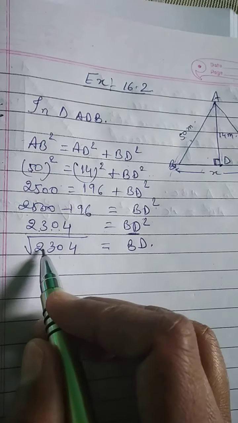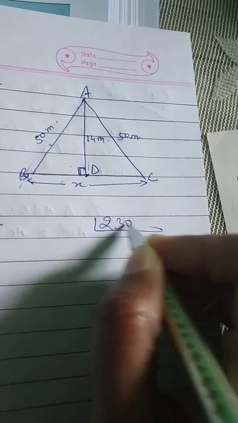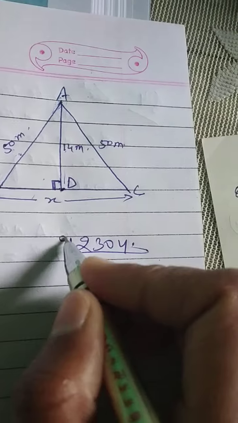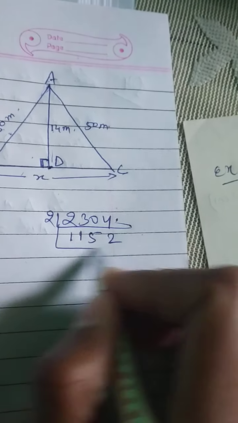Okay, BD. Now we have to find out the square root. How do we find the square root, students? Yesterday also I explained. Just see once again. 2 1s are 2, 2 1s are 2, and 2 5s are 10, 2 2s are 4.